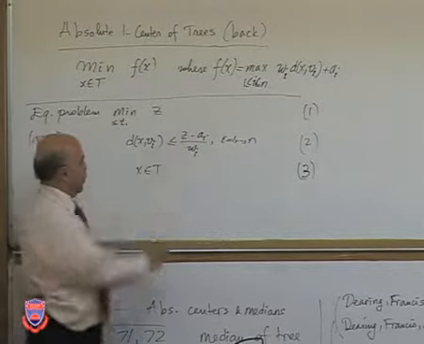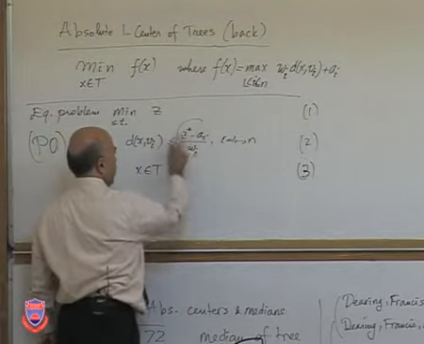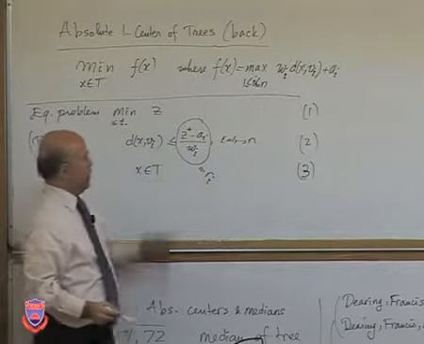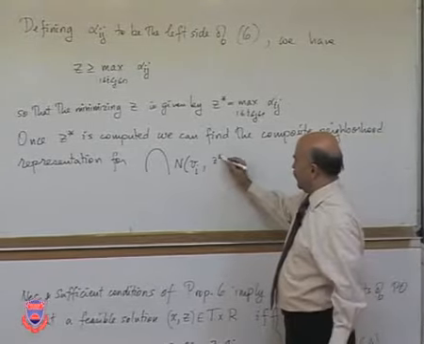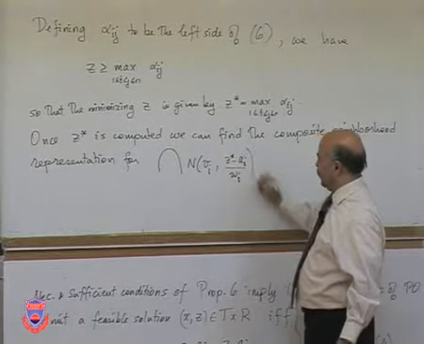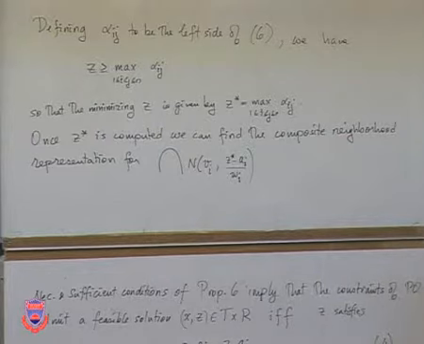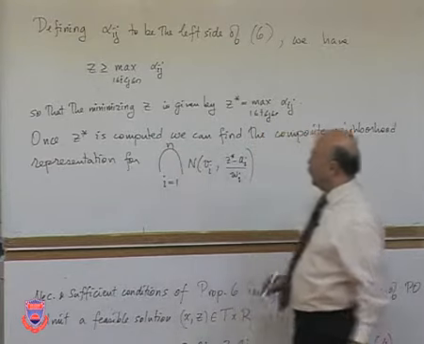Okay? So you set this equal to z star, and you take that to be your Ri. So that's what I'm going to write down here: N(Vi, Ri), where Ri is actually z star minus ai divided by wi. So your radii are defined by these numbers. The intersection is from 1 to n.